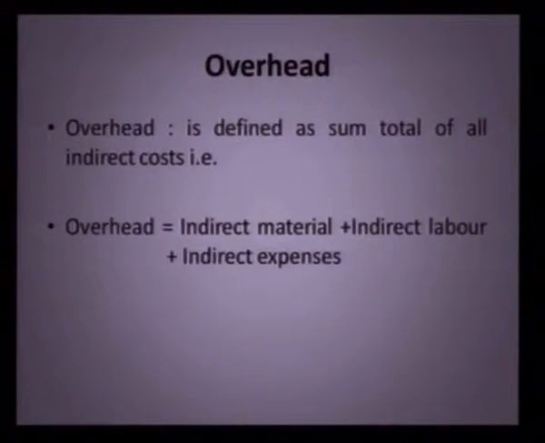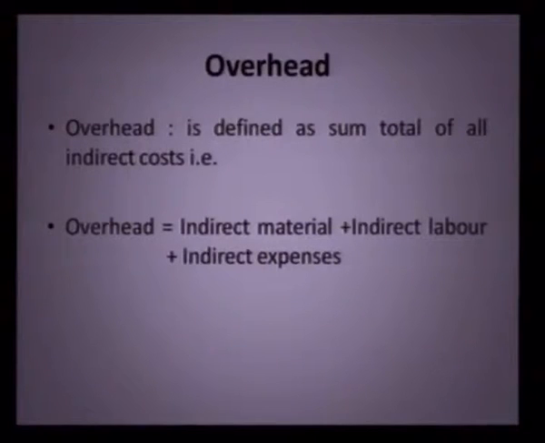Exactly what do we mean by the term overheads? Overheads are basically indirect costs. Overheads are the sum total of indirect material, indirect labor and indirect expenses. All indirect costs are clubbed together, known as overhead, and all direct costs, that is direct material, direct expenses and direct labor, are clubbed together and known as prime cost.